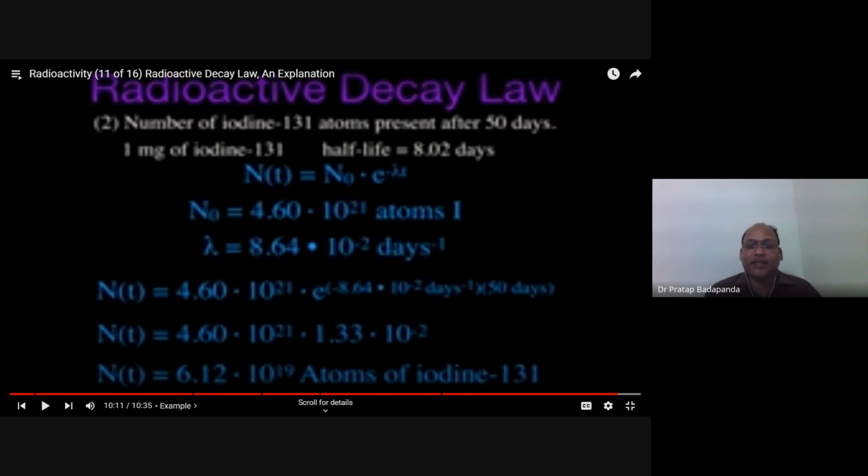Okay, that is all about the radioactive decay law. So it is important for your syllabus and all the things. Let's see another thing also. Just a second.